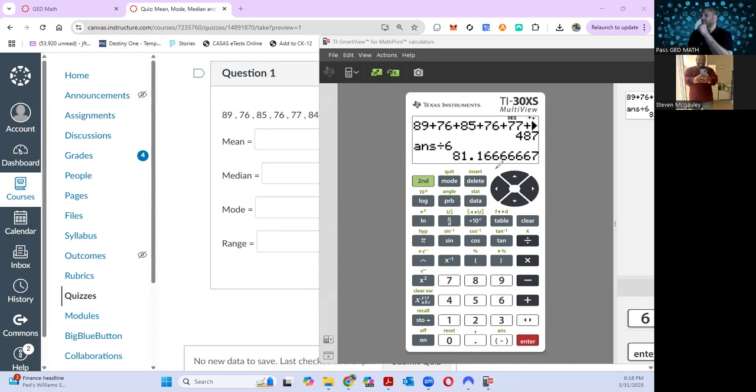The tenth place. Seven? No, definitely not the seven. So what we want is, to the right of the decimal, we got our tenths, hundredths, and we have our thousandths.